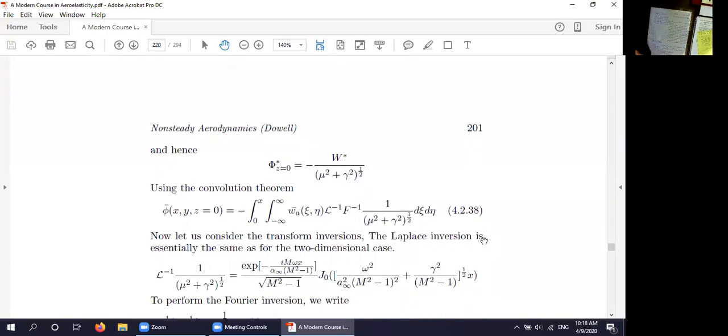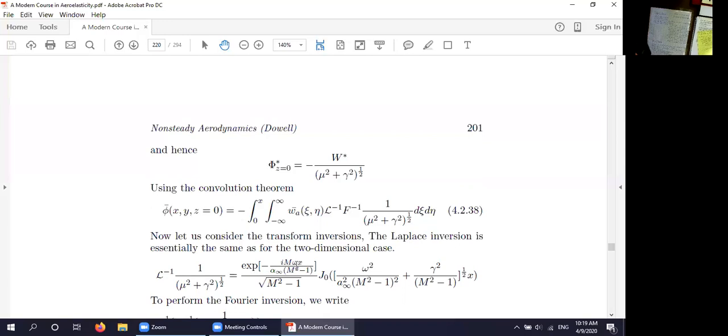Now, what is the double inverse of this factor? I'm glad you asked. Well, first of all, we'll invert with respect to the Laplace variable. That's the one where we took the Laplace transform with respect to the coordinate. Well, it's about what we had before for two-dimensional flow.